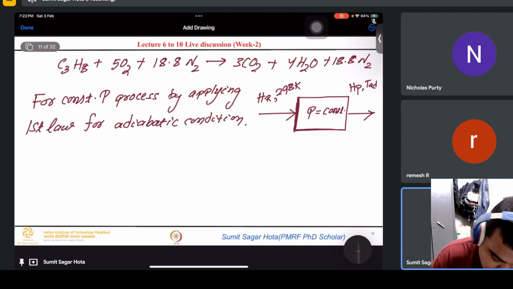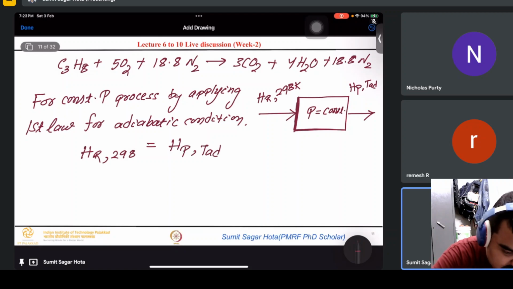Then the enthalpy of the reactant at 298 Kelvin is equal to the enthalpy of the product. Now it's very simple.